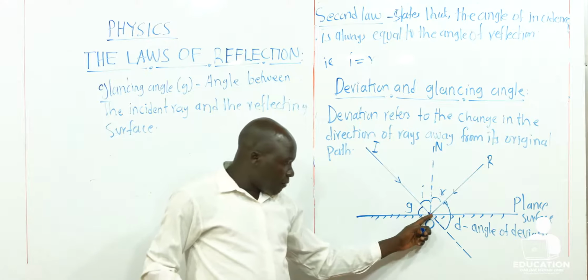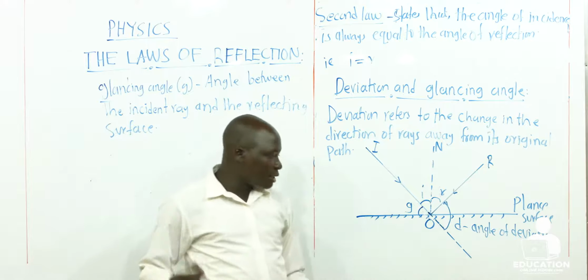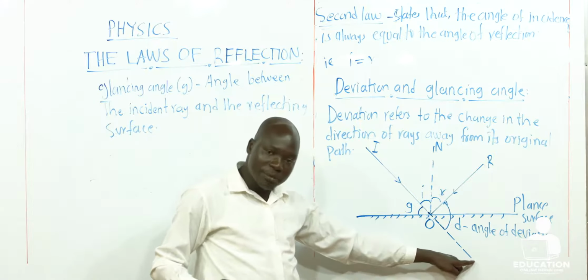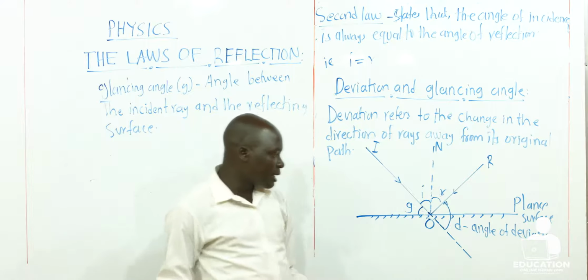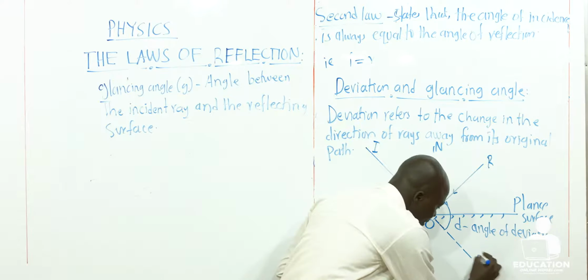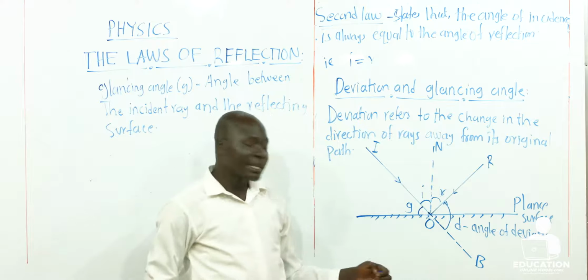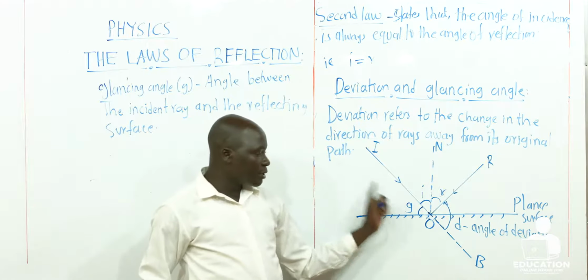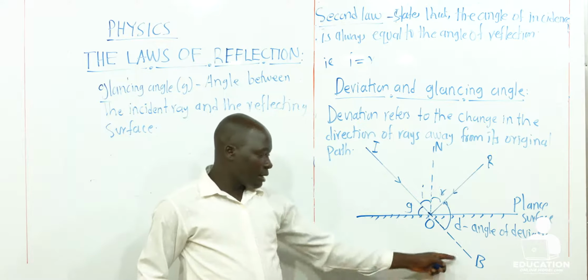Now, if the direction of this ray had not changed, it would be traveling in this direction. So we can also name this path with a certain letter, for example, letter B. So this B represents the original path of the ray.